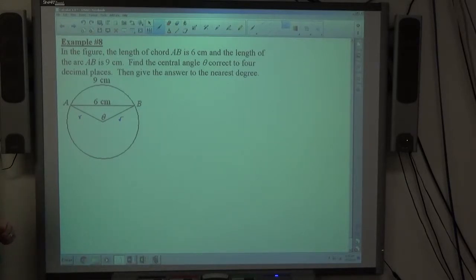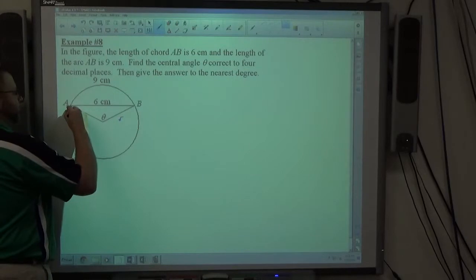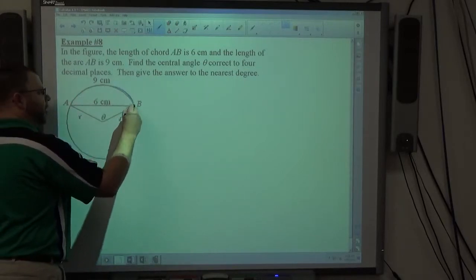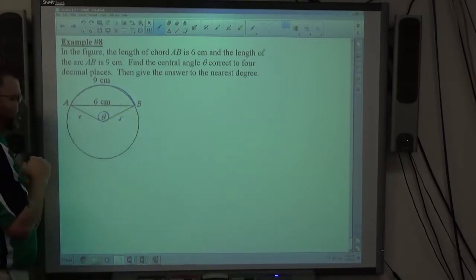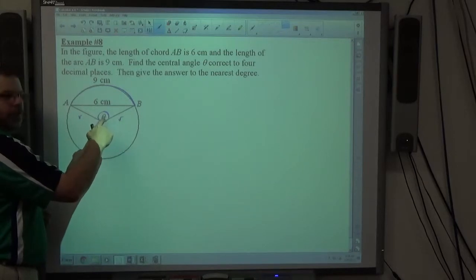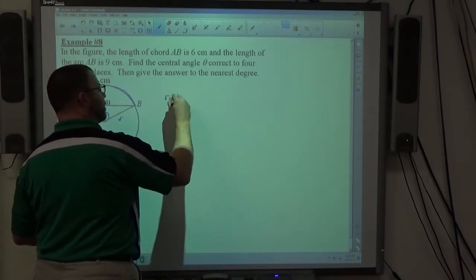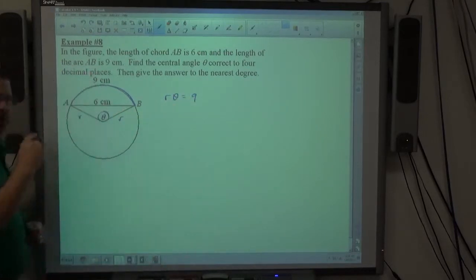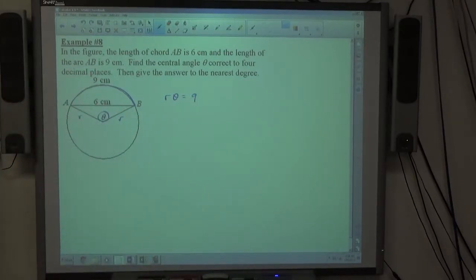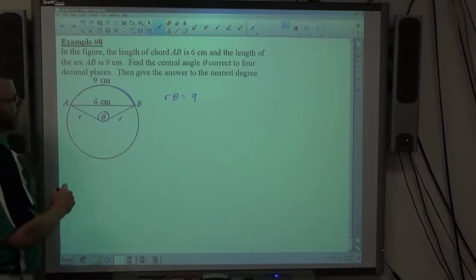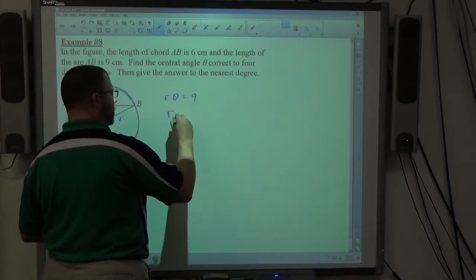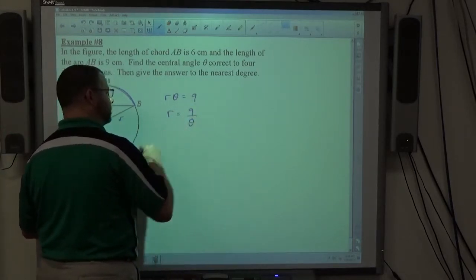What you might recall, going back to trigonometry, is that arc length, if theta is in radians, is just the radius times the central angle. So radius times theta is equal to 9 is a true statement here. I'm going on the assumption we're going to do theta in radians, so that tells me that R is equal to 9 over theta.